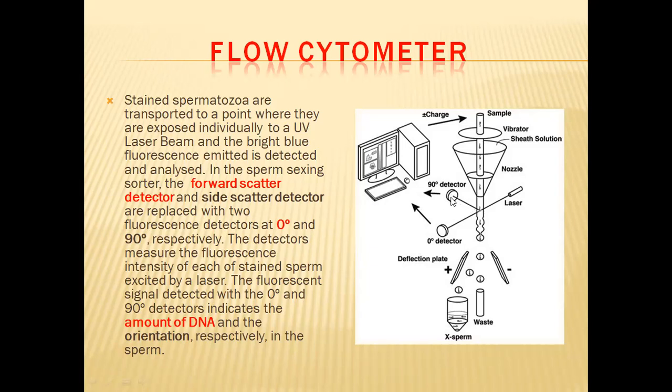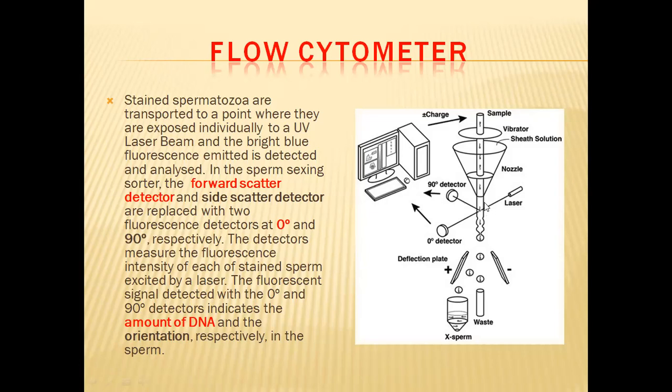One detector will be arranged at a 90 degree angle to the laser, and another detector will be arranged exactly in the opposite direction, that is at 0 degrees. The forward scatter detector will be arranged in the 0 degree direction, in the forward direction. And the other one is the side scatter detector. If the sperms are scattered sideways, then that will be detected by this 90 degree or sideways detector.